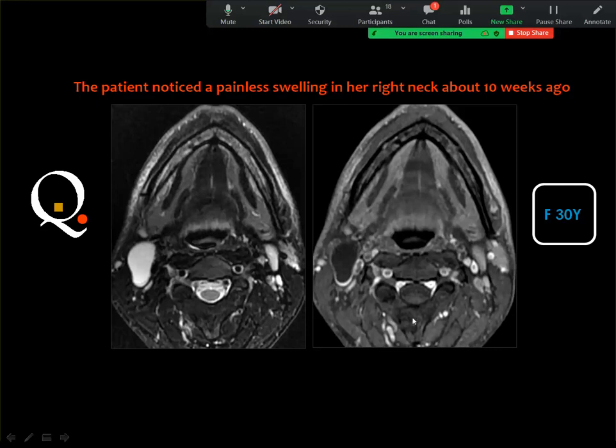Then this is MRI of a patient presented with painless swelling in her neck 10 weeks ago. This is T2 weighted image, and this is T1 post contrast fat set.